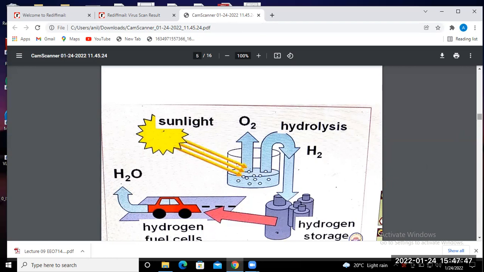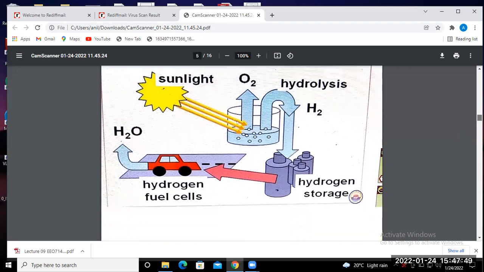You have to provide a specified structure to store that hydrogen. These are the hydrogen storage cylinders, and this hydrogen may be used as fuel for vehicles.